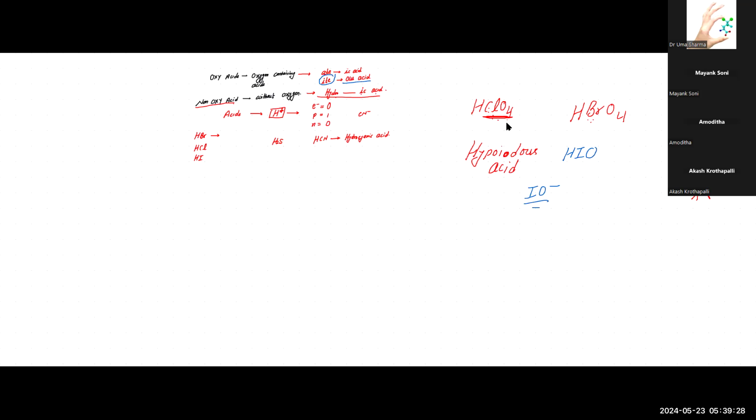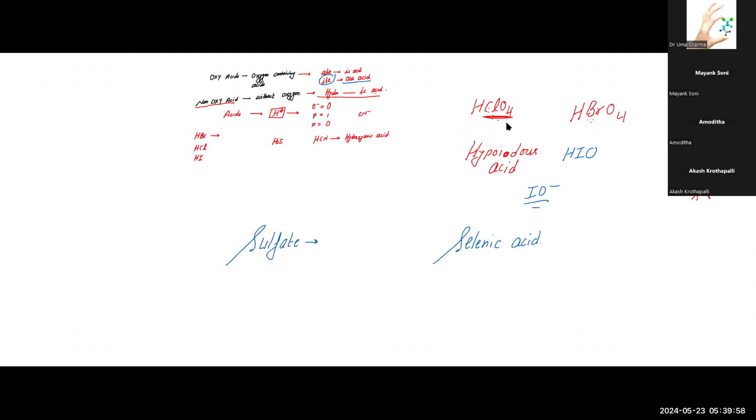Can you give me the formula of selenic acid? Selenic. So don't try to search it in the list. Do you know the formula of sulfate, children? Sulfate. Okay, Mayank, there is some error. What is sulfate? Check the polyatomic ion list.